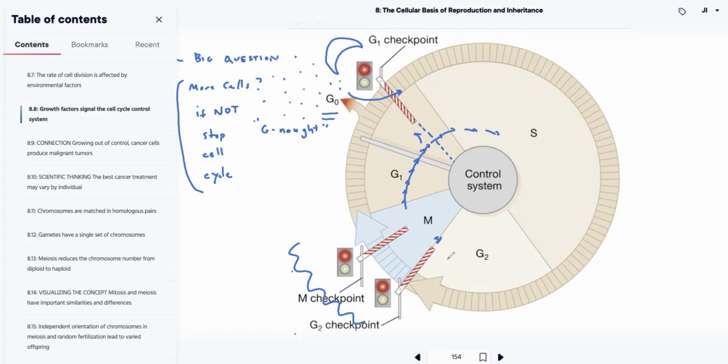Okay, yeah, I'm totally oversimplifying this, but that's the bottom line reason why we would have a G2 checkpoint right before mitosis begins. And only when we can assure ourselves that we have a state of readiness to launch into the mitotic division, that's when we're allowed past the G2 checkpoint and we go into mitosis, right? So a G2 checkpoint says, are you ready for mitosis?